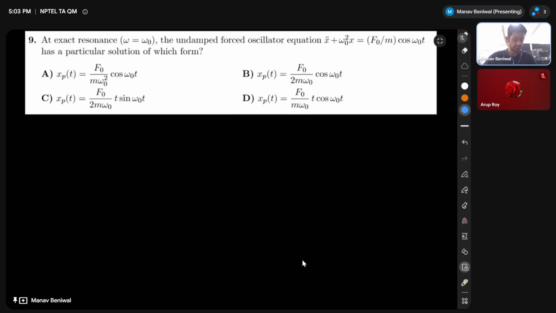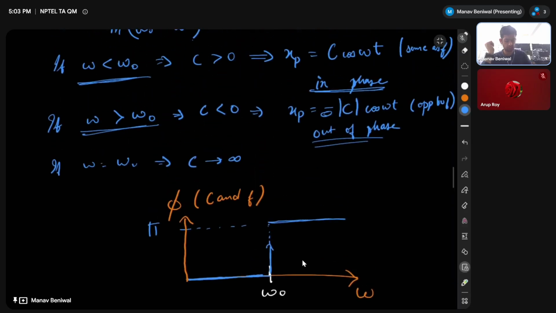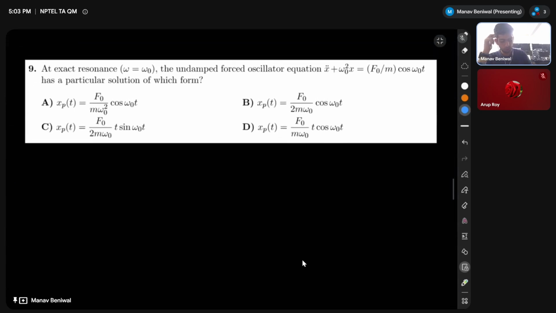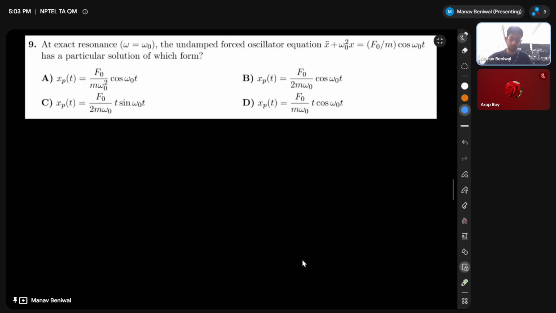Now at exact resonance, the undamped oscillator equation has a particular solution of which form? We just now saw that at omega equals omega naught, our C was diverging. So the solution we assumed, C cos omega t, we cannot assume for omega equals omega naught, because our C is diverging.